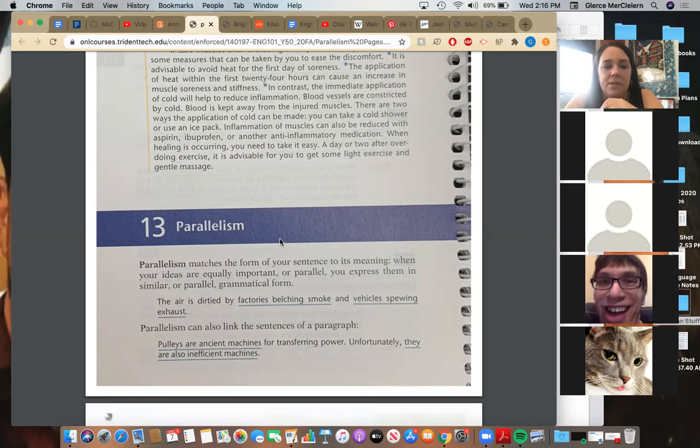I remember studying some parallelism and working on it year before last in AP, I guess. It was with Heather Darden's group, whatever year that was. Some people really struggled with parallelism, and they were upset about it because they were like, why do we even need to know this? This is such a technical grammar thing.